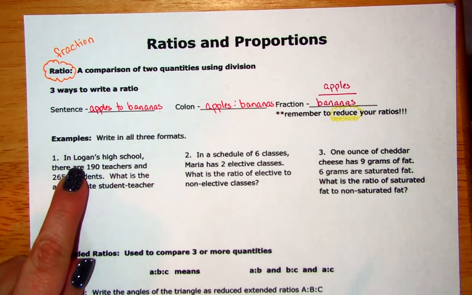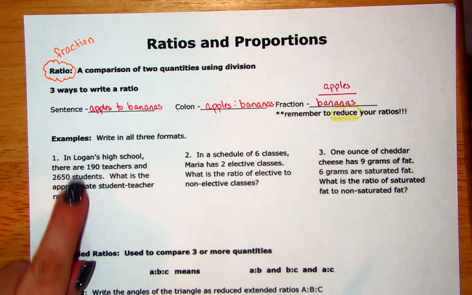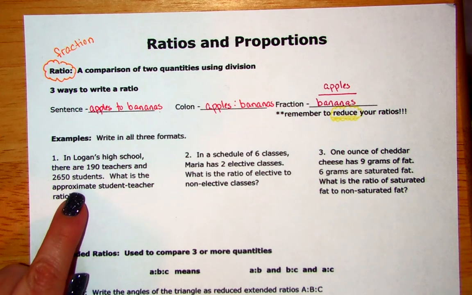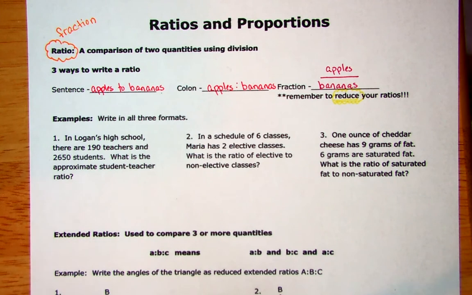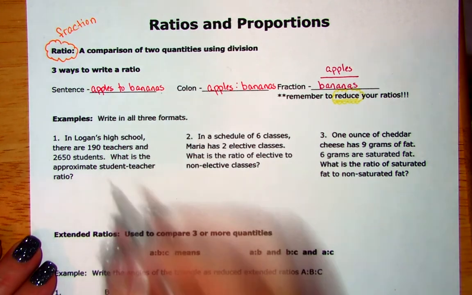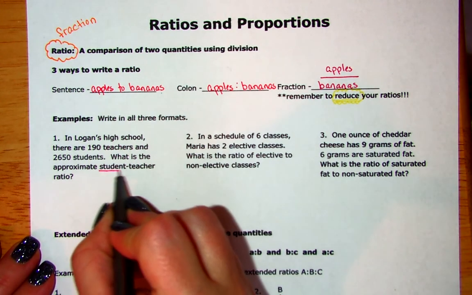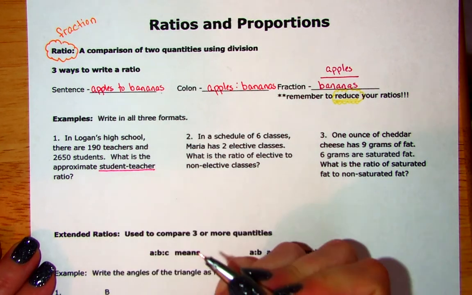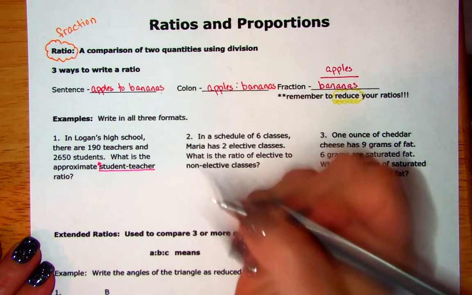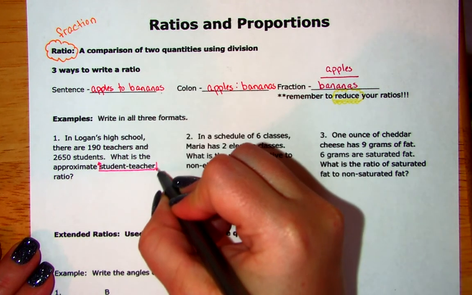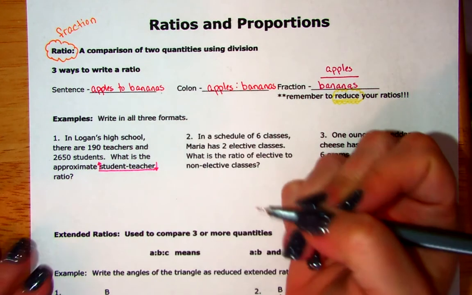So let's look at the first one. In Logan's High School, there are 190 teachers and 2,650 students. What is the approximate student-to-teacher ratio? So when I look at this one, and I'm looking at the student-to-teacher ratio, the order here is important. Whatever comes first is going to go on the top of my fraction, and whatever comes second is going to go on the bottom of my fraction.